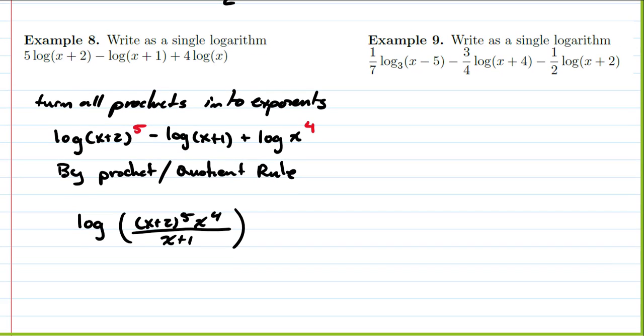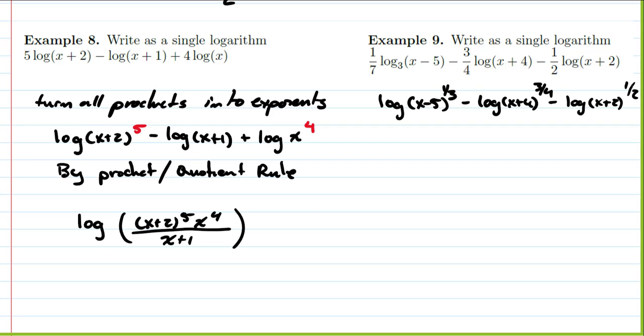All right, example 9, we want to do the same thing. The only difference this time is instead of nice whole number exponents, what do we have? Fractions. No big deal, right? Everything works pretty much the same. So x minus 5 to the 1/3 minus the logarithm of x plus 4 to the 3/4 minus the logarithm of x plus 2 to the 1/2.